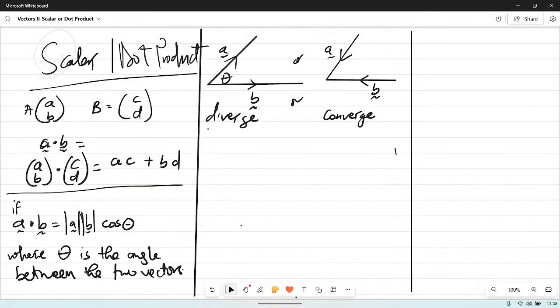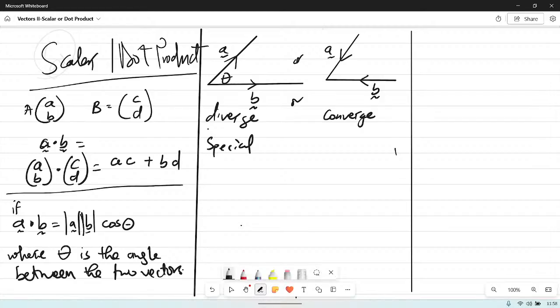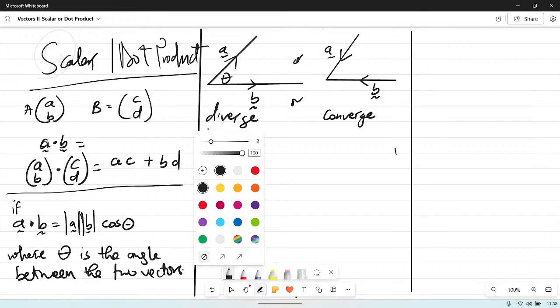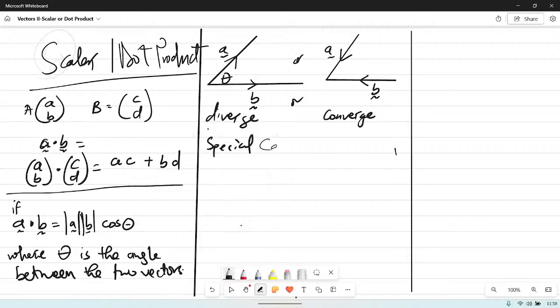So now, special cases. If two vectors are parallel, then what happens?